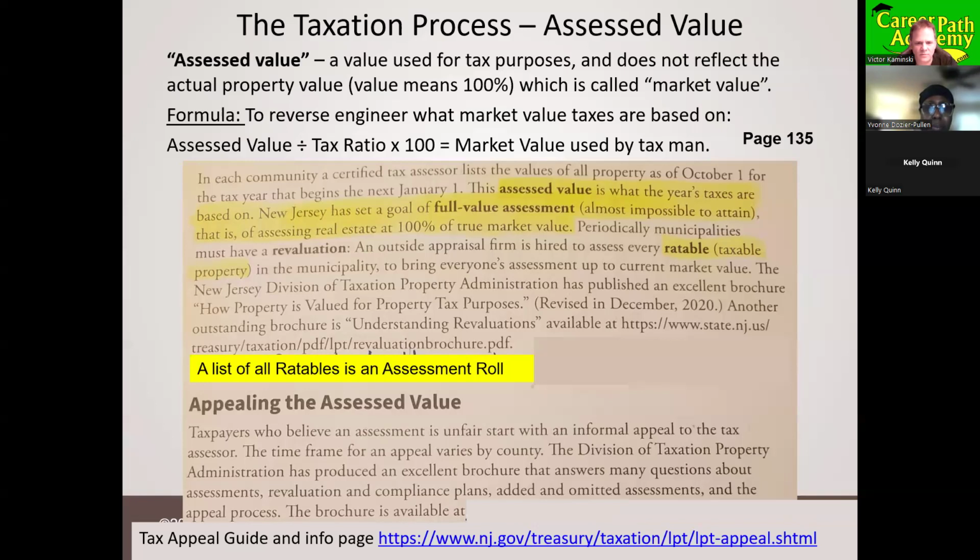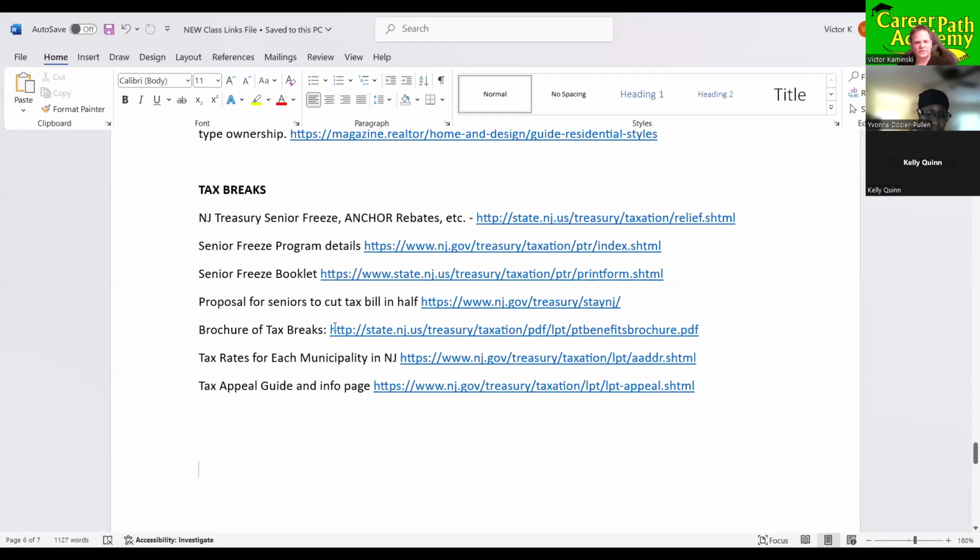Here we go. All right, so that's how we'll rig it to work. So now this slideshow actually has the proper link on it. But I added that link also now to the class links Word document, the new one that I'm creating here.